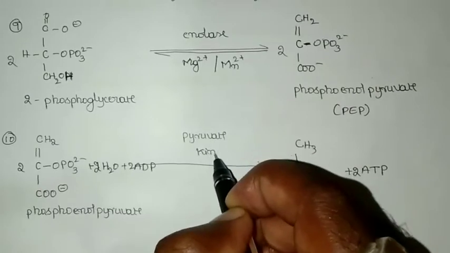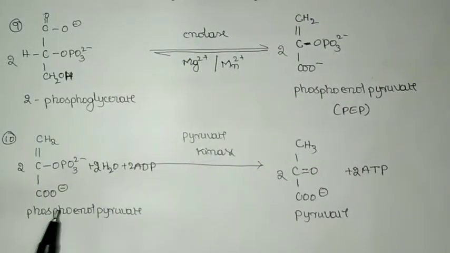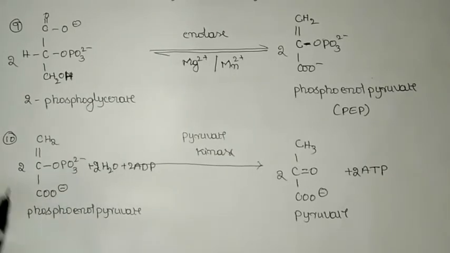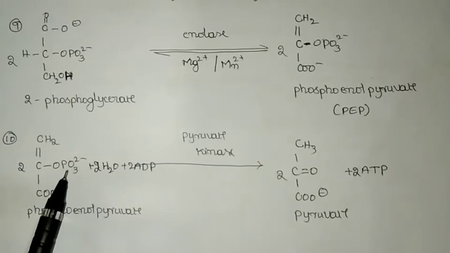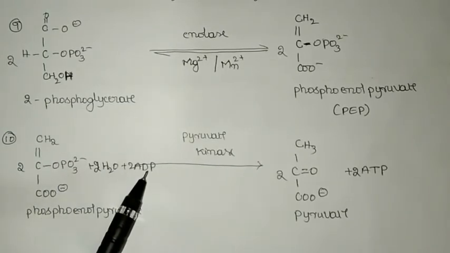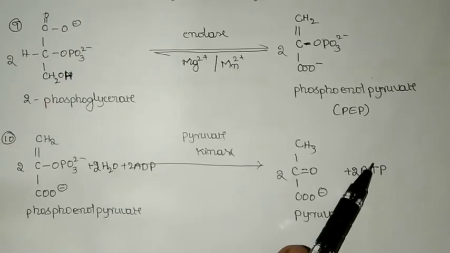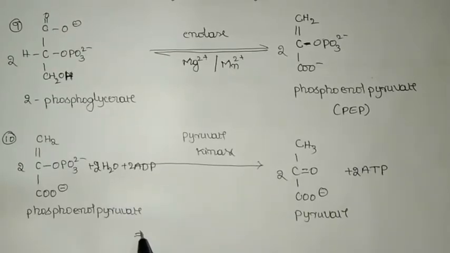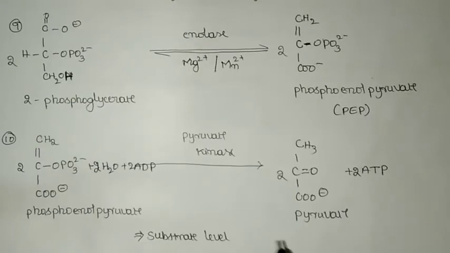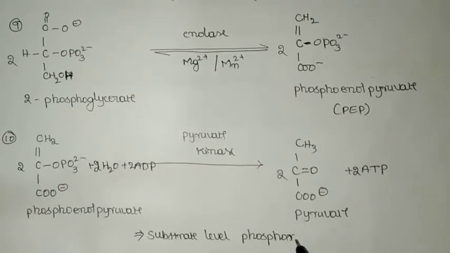Here also you can notice this substrate molecule is rich in phosphate, and that phosphate will be transferred to ADP to produce ATP. Once again we are observing substrate level phosphorylation of phosphoenol pyruvate to produce the pyruvate molecule.